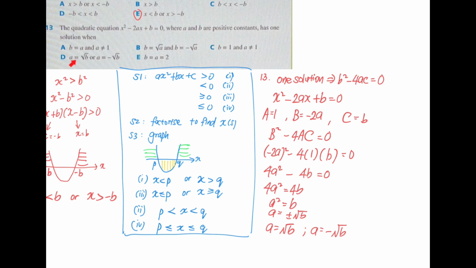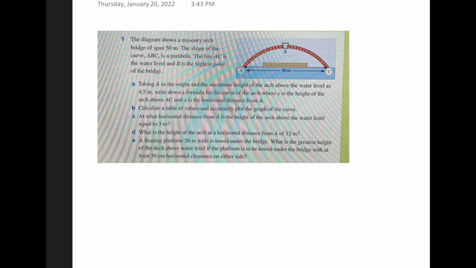Okay, so something like this. And when I look at the answer that we have, so I know that it is going to be D. Yeah, so the answer is D. Okay. So this one settled.